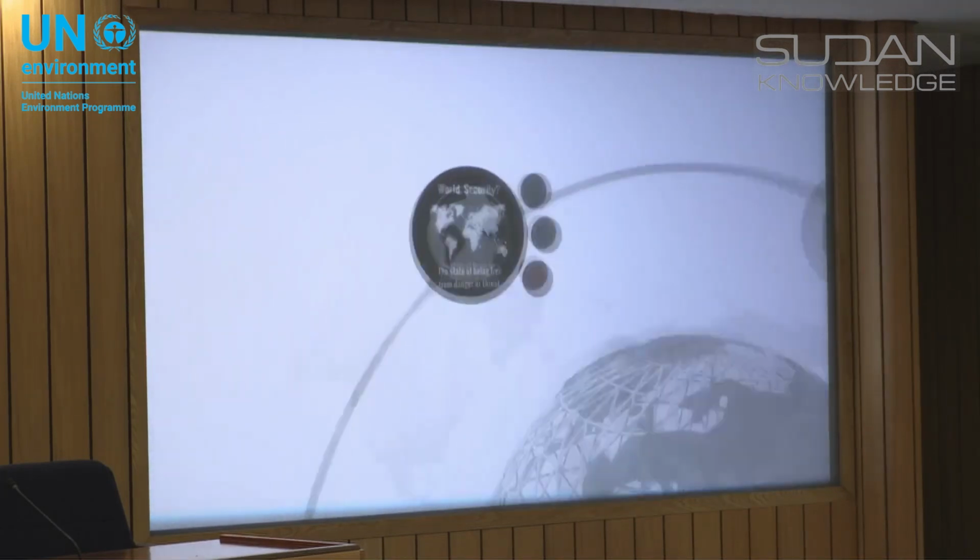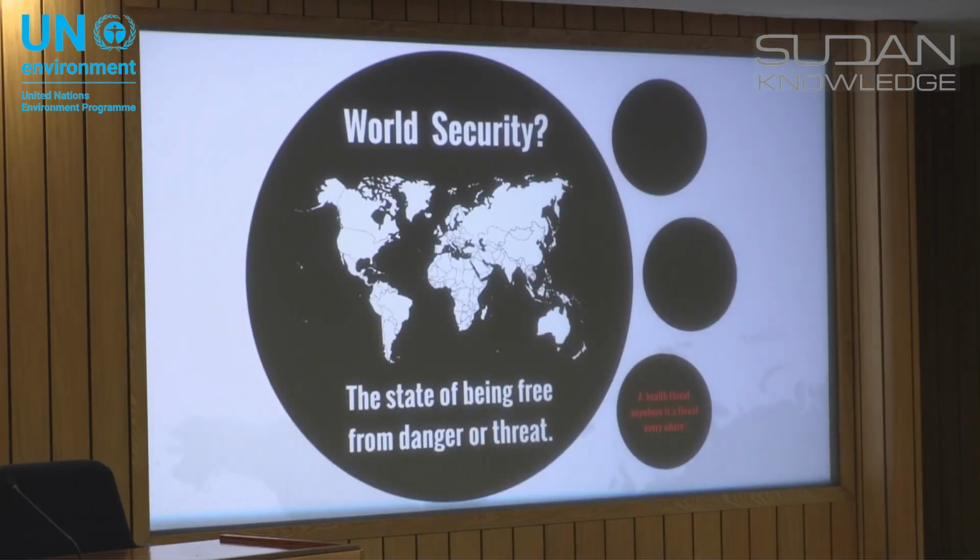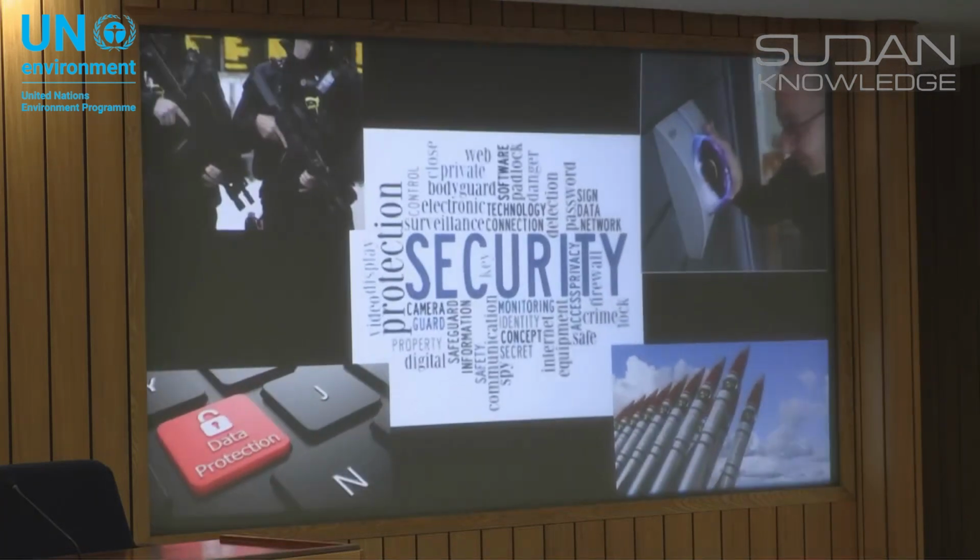So, world security. When you think of security, you typically start with how to be free of danger or threat, and typically healthcare is not part of that. You always think of protection from people trying to kill you or mug you, nuclear wars, data security, all the types of security we keep talking about.